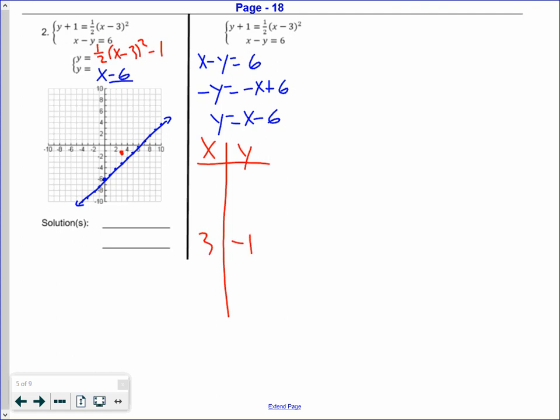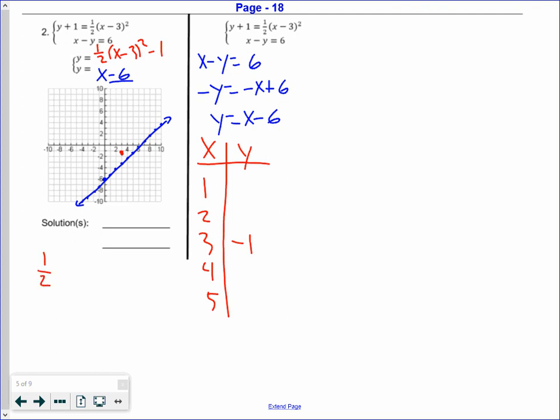So (3, negative 1) is our vertex. And we'll pick 2 points after it, 4 and 5, and 2 before it, 2 and 1. We only need to solve one of each pair because, remember from before, since 4 and 2 are just as far away from 3 as they are from each other, they're going to be mirrors of each other. So we plug 4 into the equation.